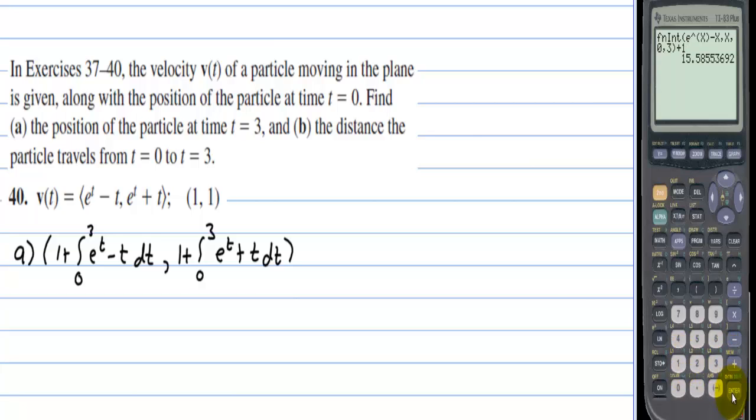So we have 15.586, and then we can do an entry and change this to a plus. And on this one, we're going to have 24.586.